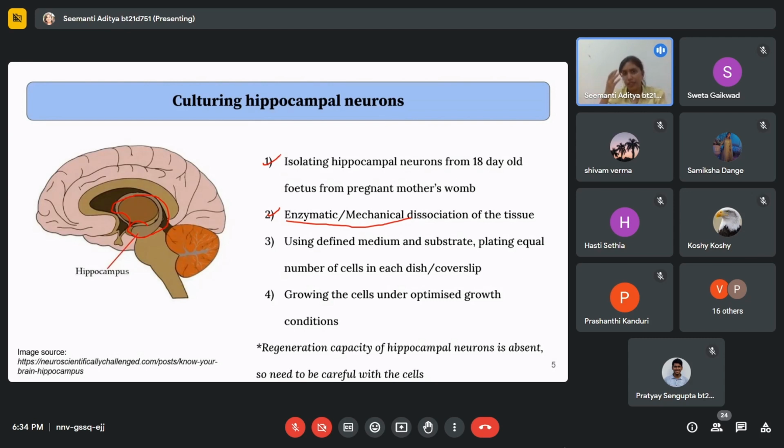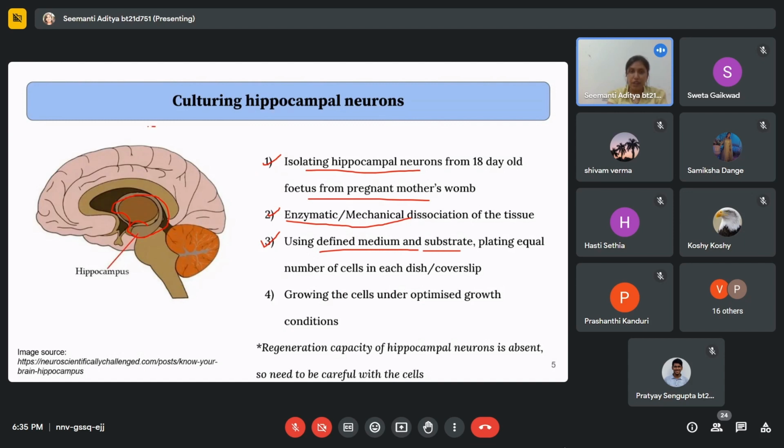In some cases enzymatic dissociation is preferred, for organs which have a better composition of adhesive proteins that are better cleaved with those enzymes. After dissociation, we use a defined medium and substrate, and plate the cell suspension.